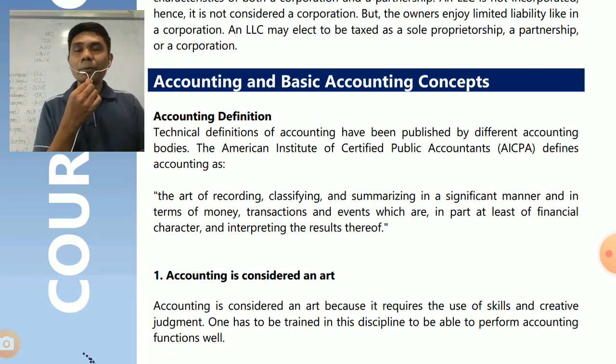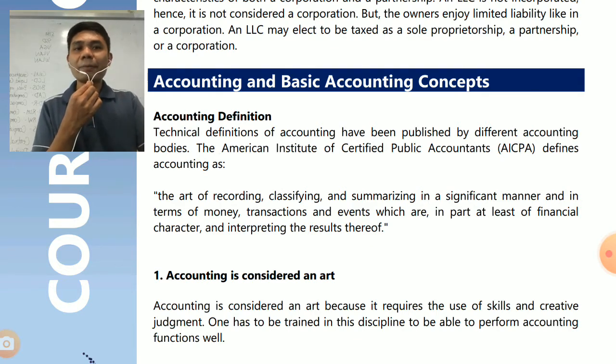Tanang panghitabo nga naay kalabtanan sa business og maapektuhan ang finances sa business, kinahanglan siya i-record. So, part na sa accounting kanang recording. Pag human sa pag-record, i-classify. Pag human sa pag-classify, i-summarize.